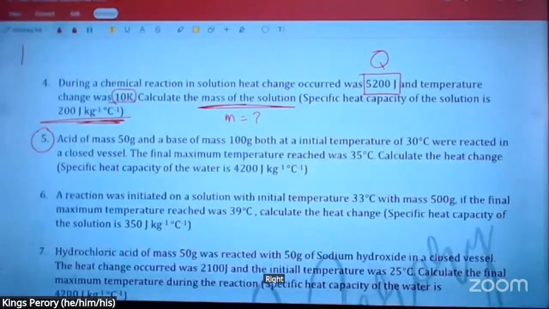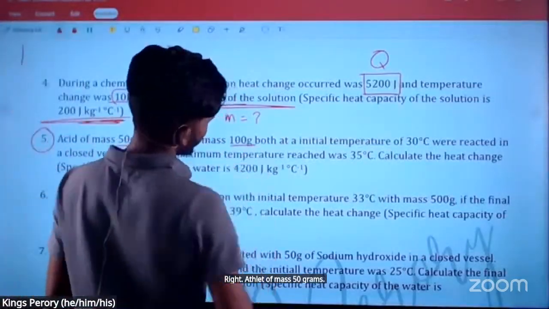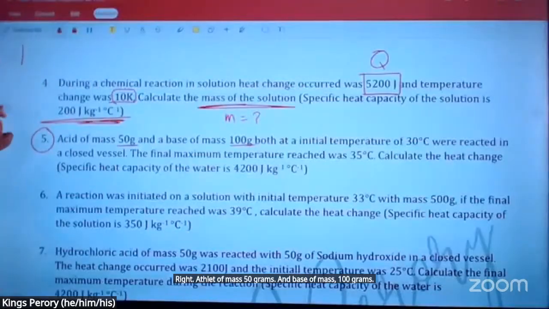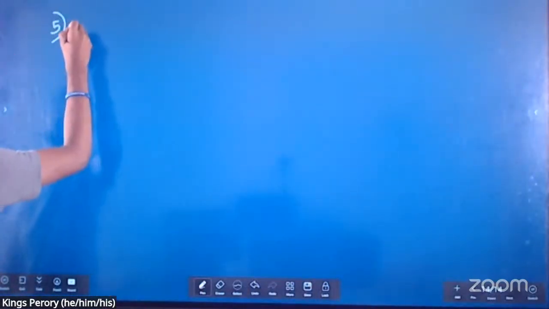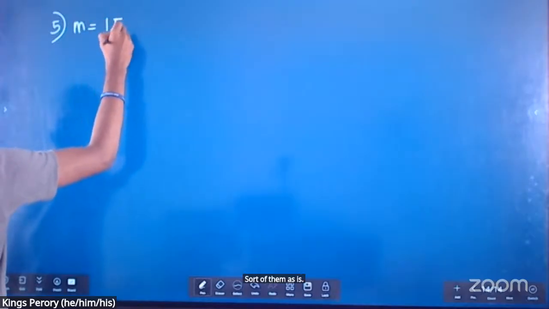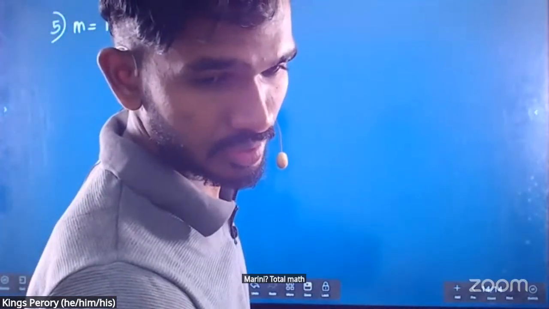Right. Acid of mass 50 grams and base of mass 100 grams. What's the total mass? 50, 100. Total mass is 150 grams.